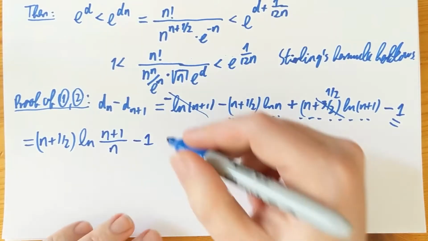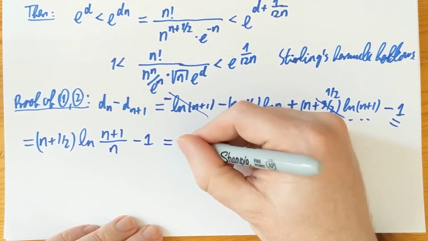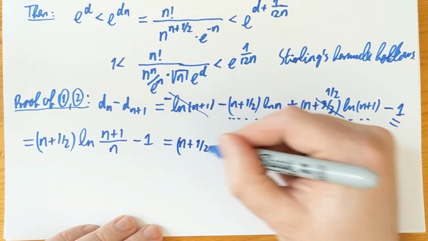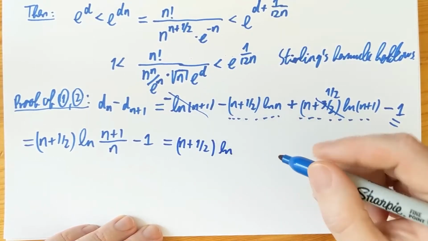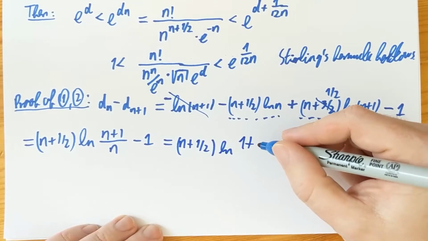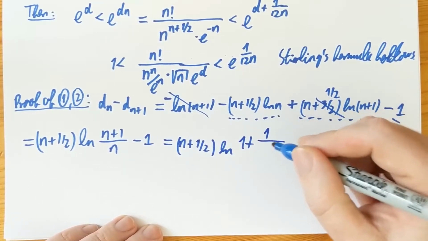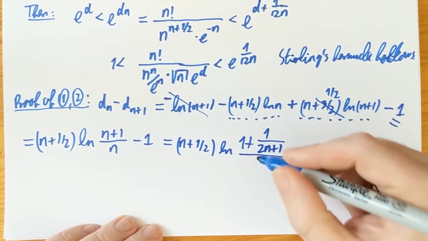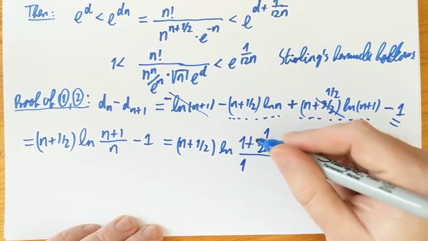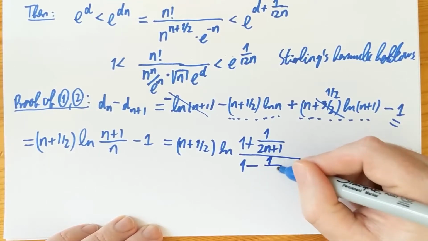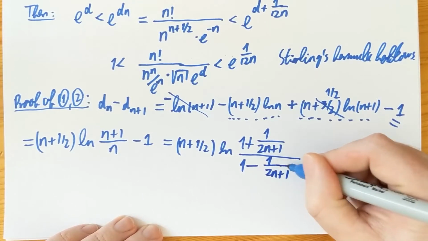And now I'm going to do something very strange. I'm going to make things more complicated. I'm going to write n plus 1 over n in a very funny form. It's 1 over 2n plus 1 over 1 plus 1 over 2n plus 1 over 1 minus 1 over 2n plus 1.